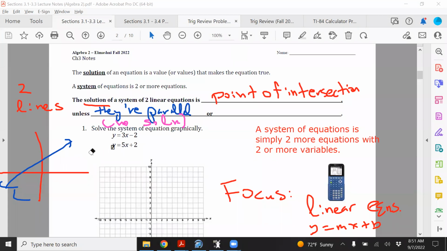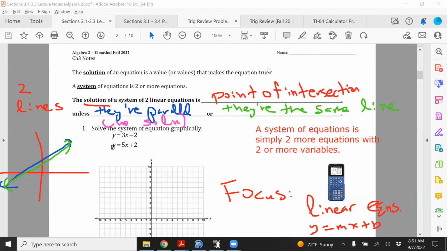Or there's one more scenario that could happen. That's not terribly obvious, but maybe someone might know. No, they would intersect if they're perpendicular. The slopes would be very specifically related, being negative reciprocals. But what if the two lines are the same line?